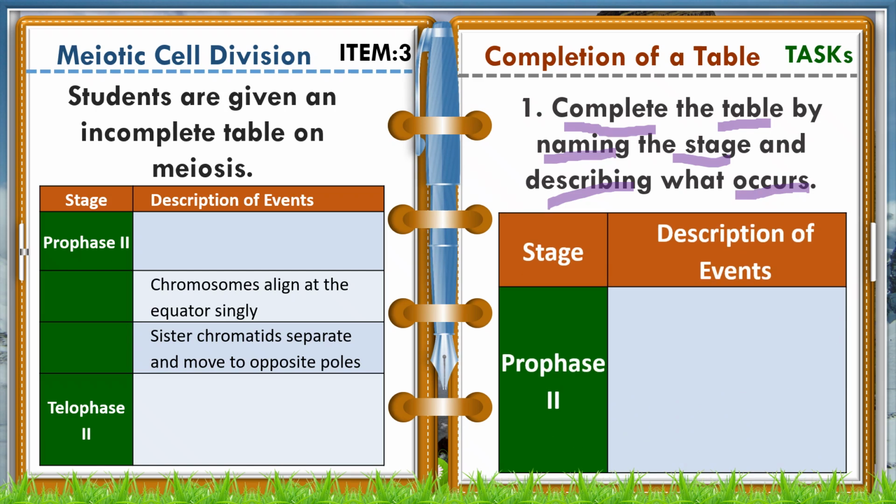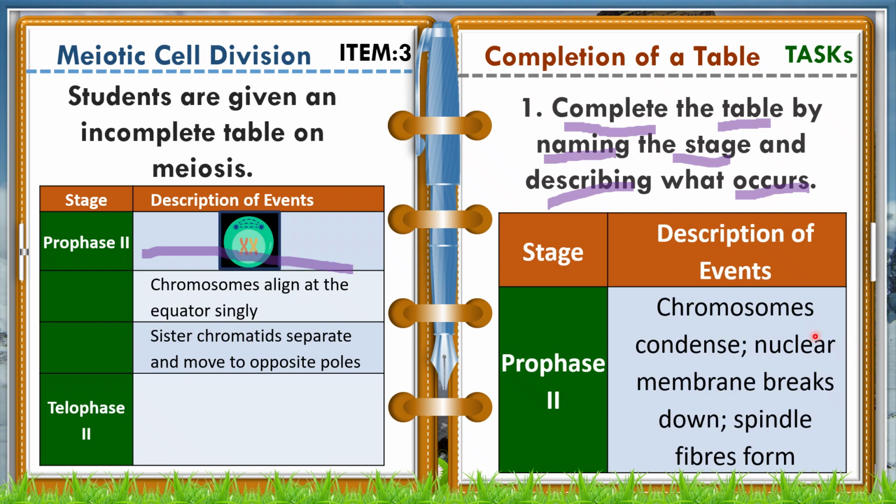So we are starting with this stage here. We have to fill this part. What can we fill there? They are saying it is prophase 2. What happens in prophase 2? In prophase 2, the chromosomes condense.